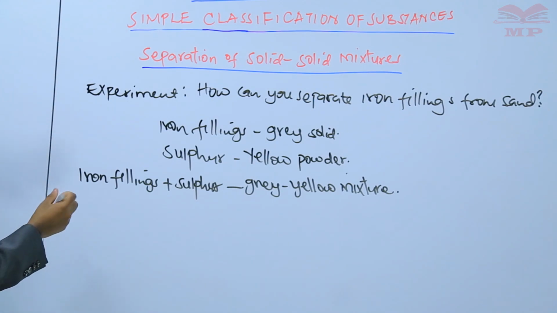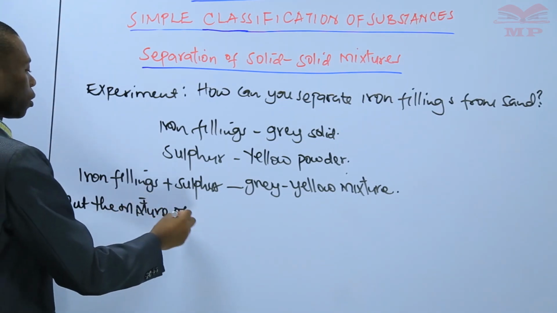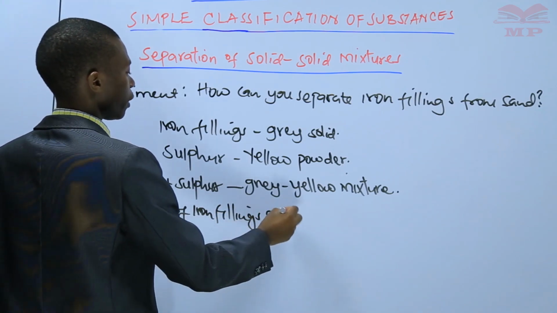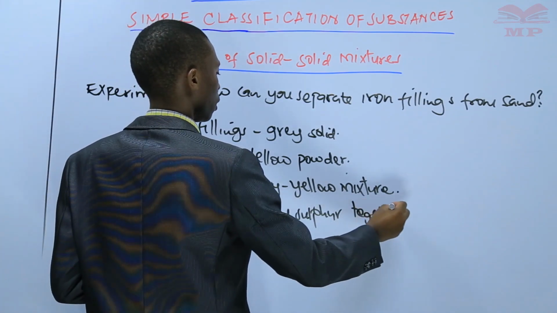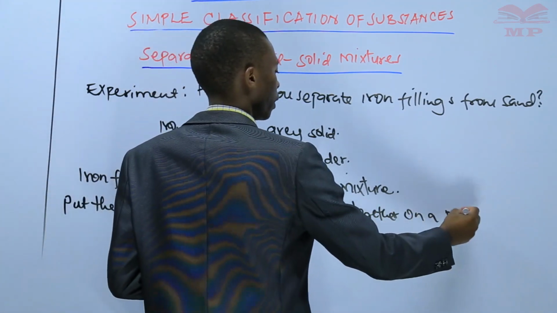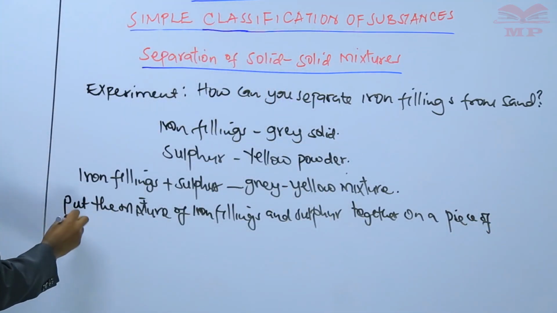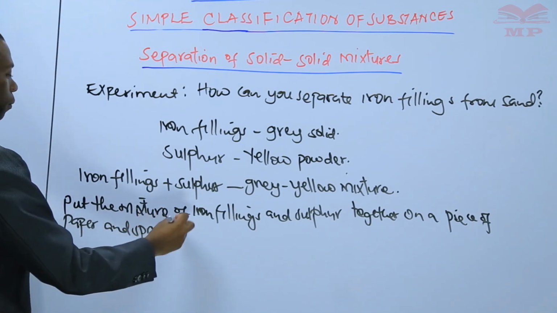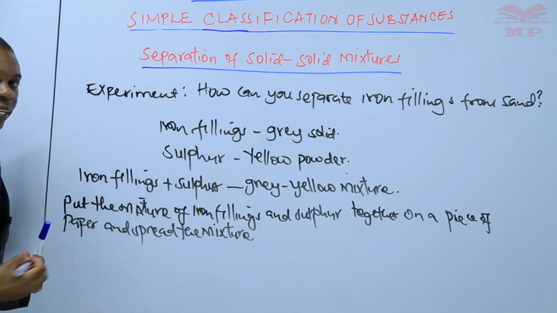Therefore, we can say that you put the mixture of iron filings and sulfur together on a piece of paper and spread the mixture.